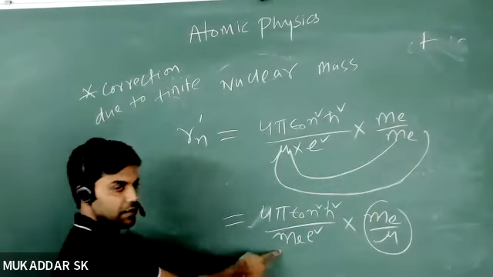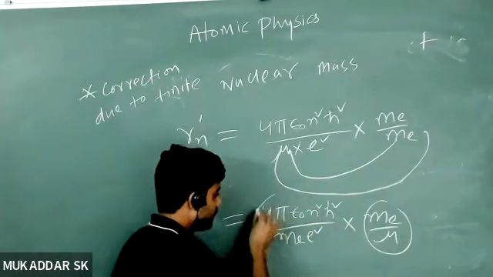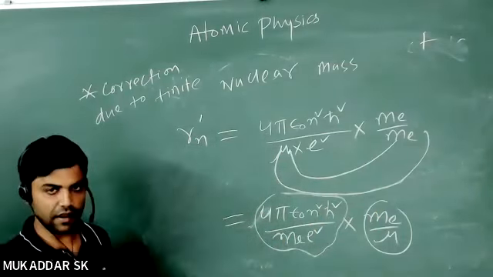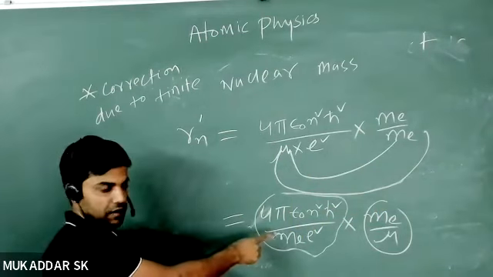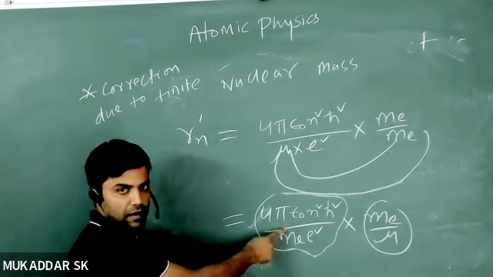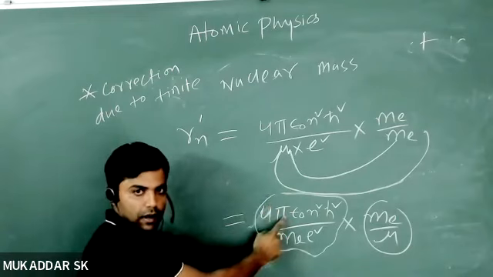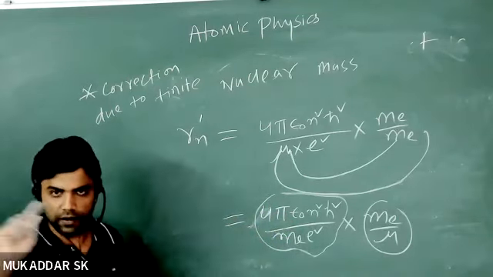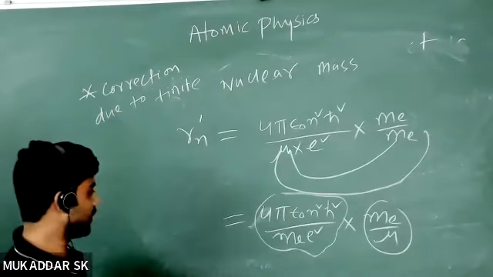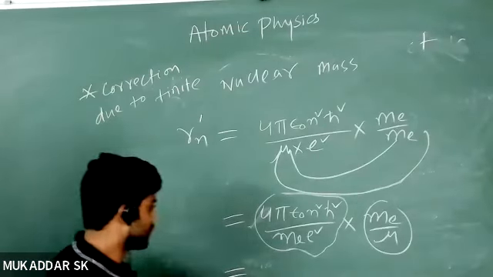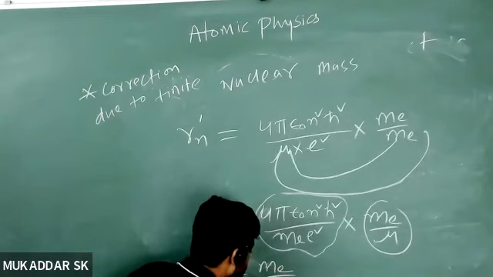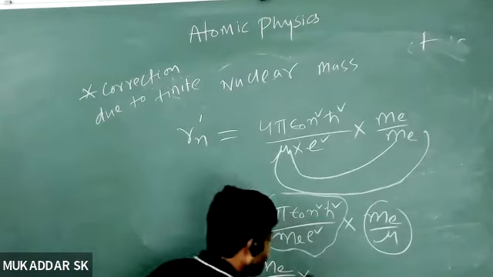So if you bring this me, now remember this is the actual radius of what Bohr has derived. If you remember this, this is nothing but Rn. That was the radius of the nth orbit of hydrogen atom. So what you are basically getting after this correction is mass of electron divided by reduced mass of the system into Rn.